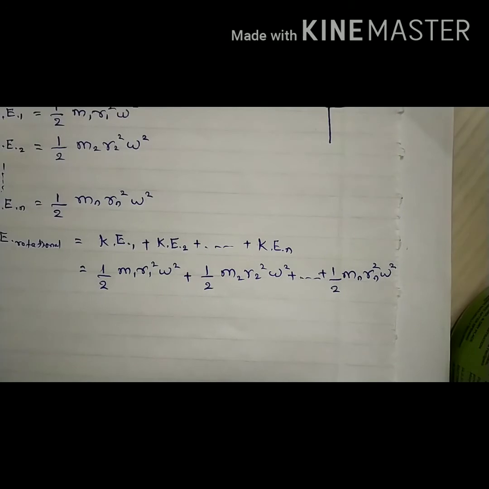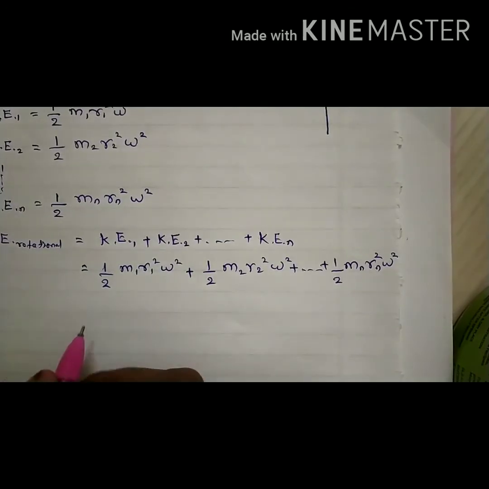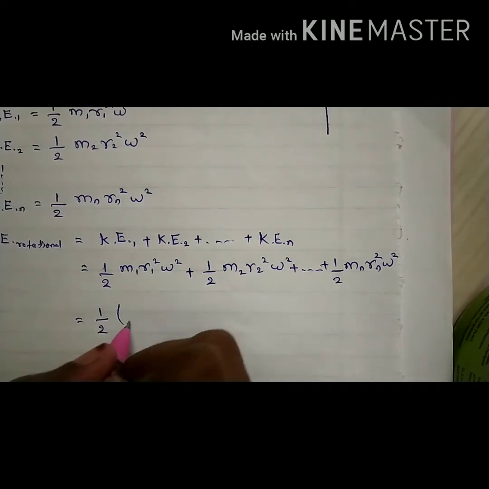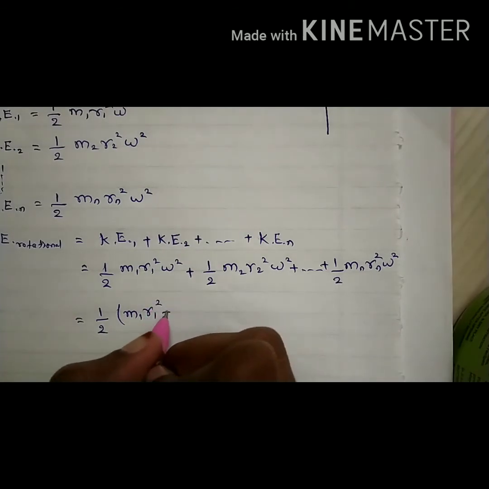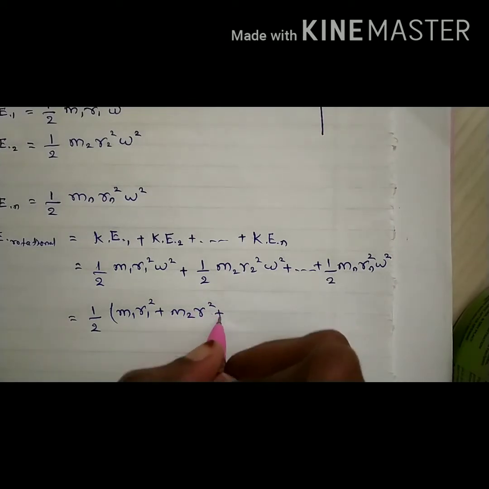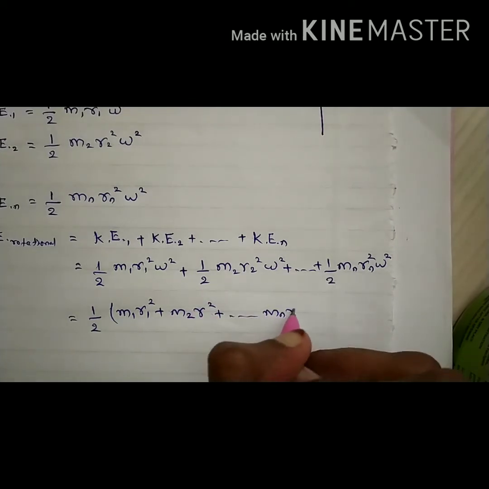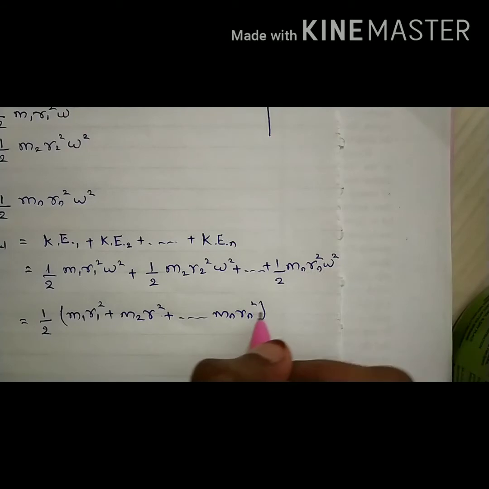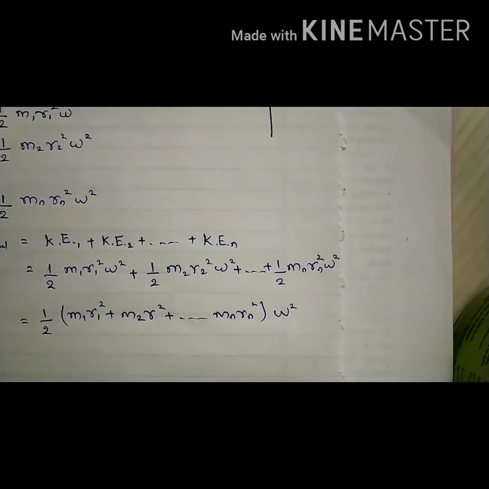Here we take half common from all values. Remaining terms are m1 r1 square plus m2 r2 square plus up to mn rn square, and omega square will also be common.